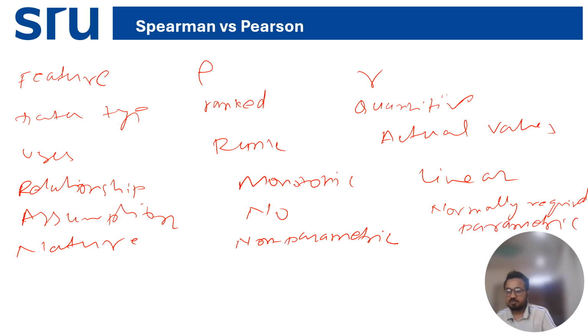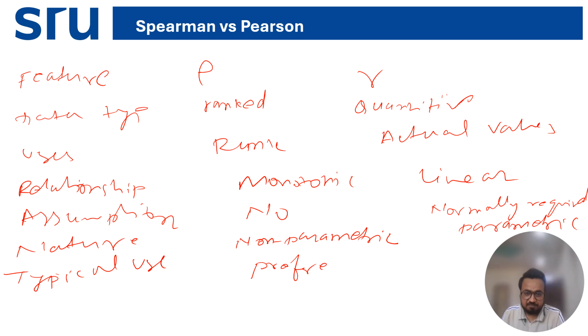Typical use: Spearman is mostly used for preferences and ranks, and Pearson is used for measurements or scores.